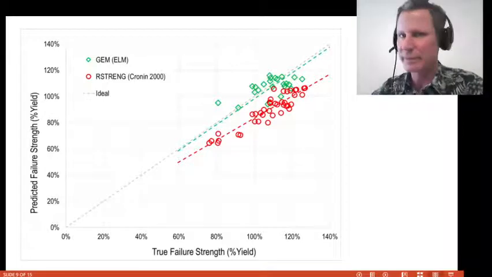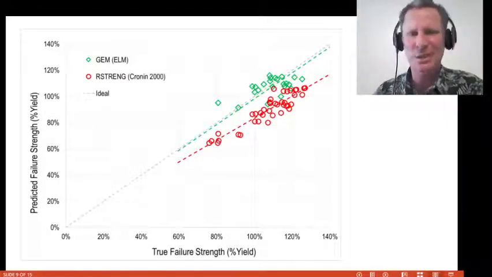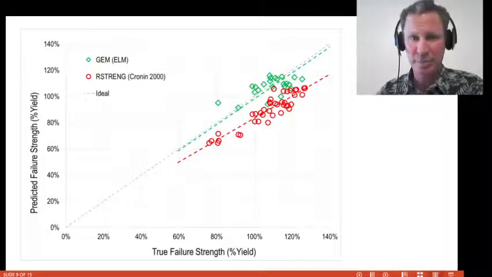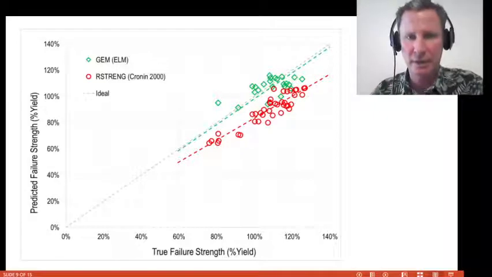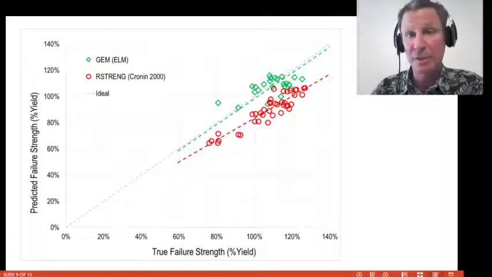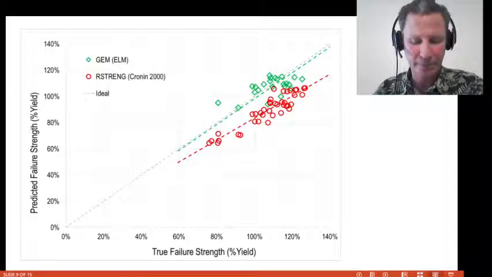But then if that doesn't work, then you would go to a level 2 assessment, which is more detailed, which kind of sort of should be less conservative, right? But in this case, for both models, both GEM and B31G, there is a certain series of level 1 predictions that are non-conservative. And when you go to the level 2, you become more conservative, which is kind of sort of backwards. That's something to think about.